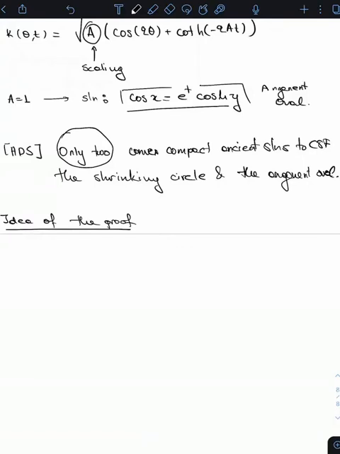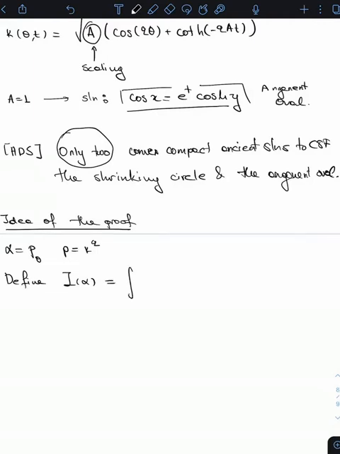Recall for our notation that alpha is equal to p theta and p is equal to kappa squared. Okay, p, the pressure function, is the square of the curvature. Alpha is the derivative with respect to theta of the pressure function. And we define the following function, which we name I of alpha.